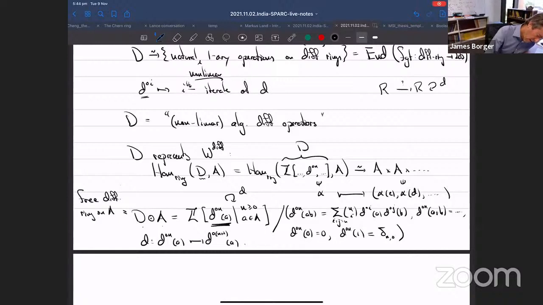However, remember, this was what we called W diff A, which was the set of divided power series. And the coefficient vectors correspond to the components here.